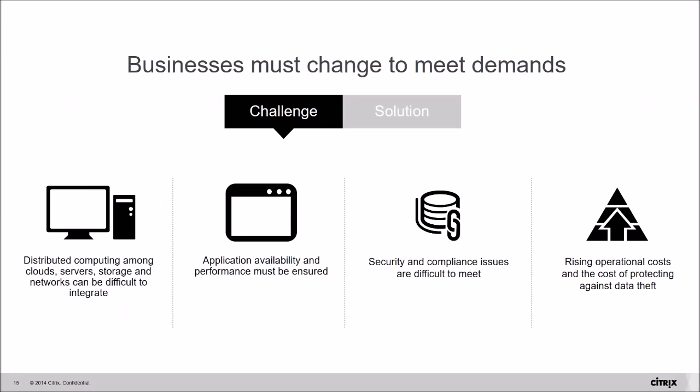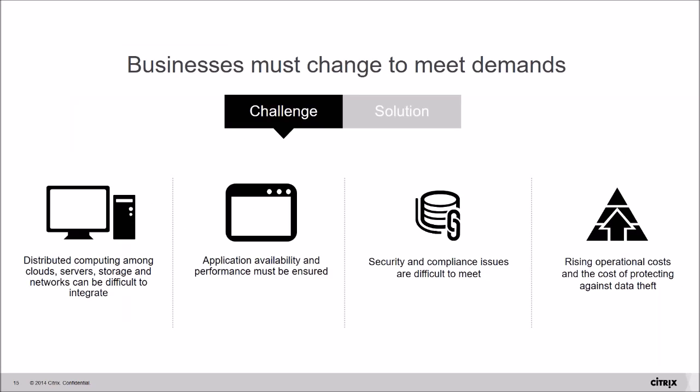Typically, in these sort of scenarios where we're looking at expanding into Azure, we can introduce some business challenges around distributed computing. Among clouds and servers and storage, networks can be difficult to interrogate or integrate when we're dealing with a hybrid type environment.